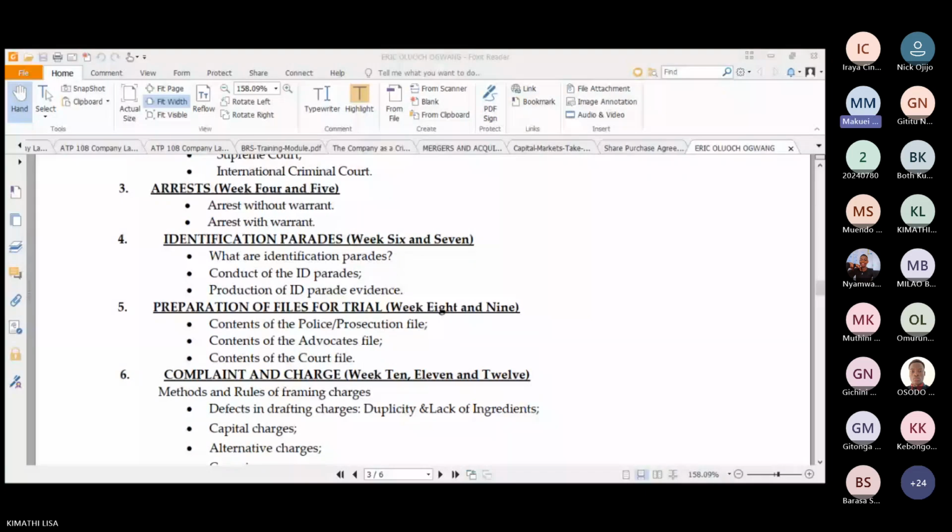So maybe we can go to the identification parade. We are skimming through. I can see people are disappearing, people are going. Identification parade. Who is going to help us with that? Very, very examinable, easy marks, 10 marks or 7.